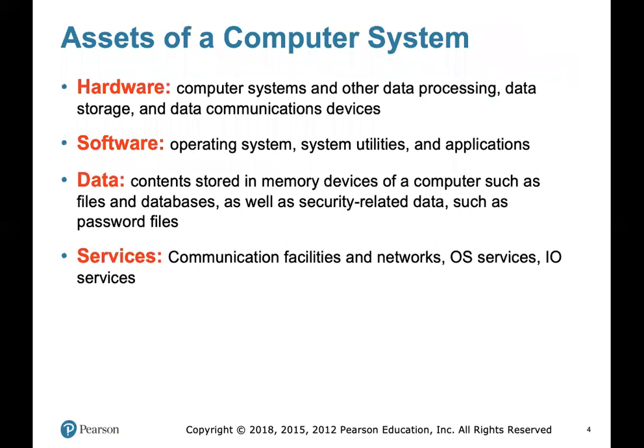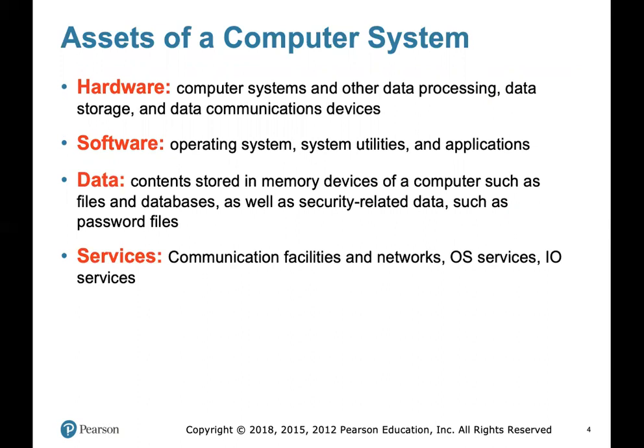Okay, the first thing I'm going to talk about is the list of assets. What are the things in a computer system that we call assets? Assets include any type of resources in a computer system, and that includes hardware. Based on what we talked about in lecture 0, we have the processor, memory, different I/O, direct memory access, interrupt controllers, and disks.